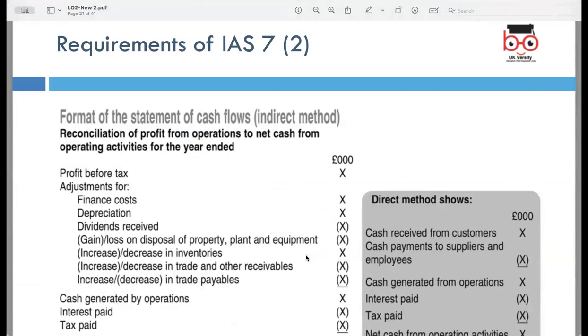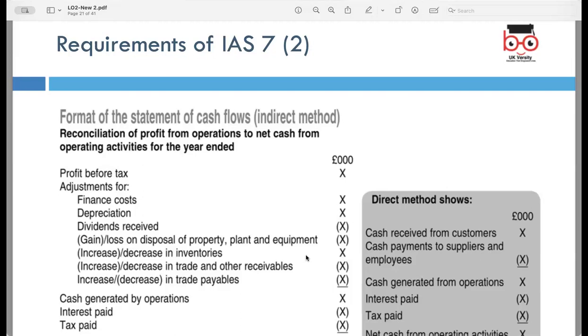A statement of cash flows prepared using the indirect method typically follows a format that reconciles profit from operations to net cash from operating activities. It includes profit before tax, adjustments, cash generated by operations, interest paid, and tax paid.